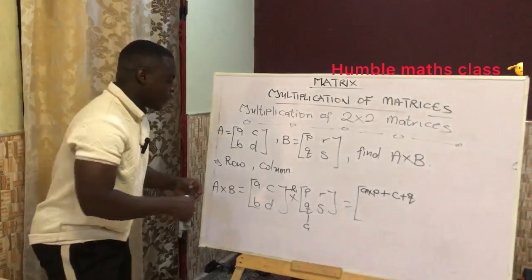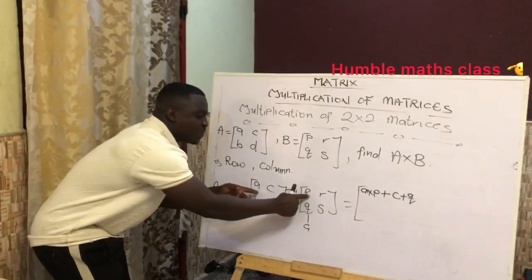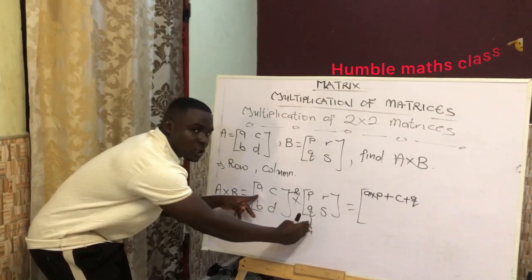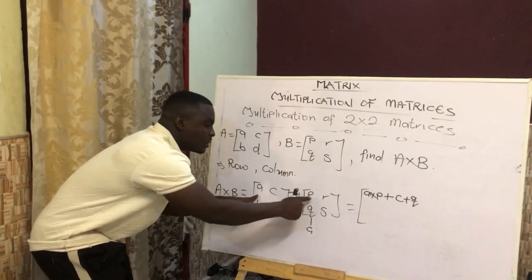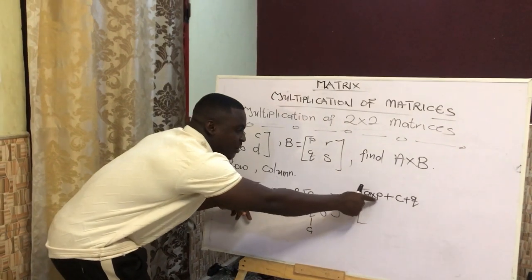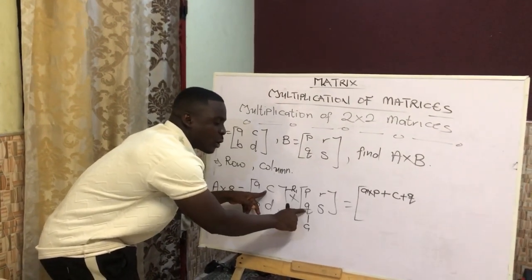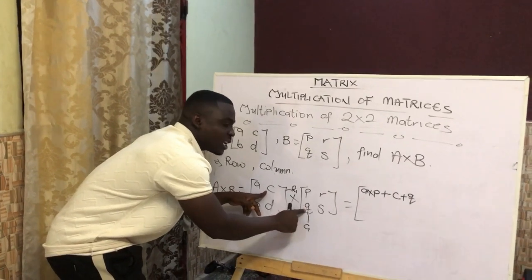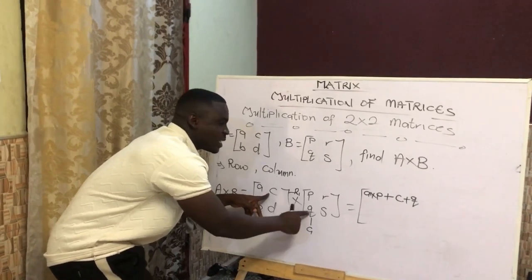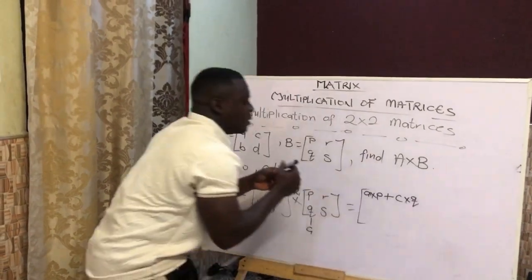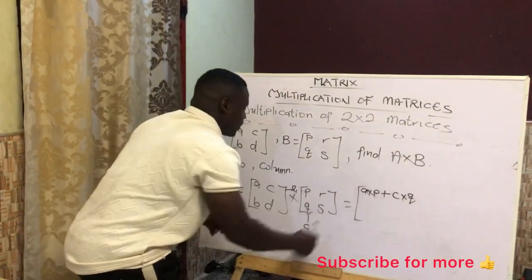I take it again. A multiplies P. So the first row in A is multiplying the first column in B. So A multiplies P, giving us A times P. And plus C multiplies Q, to give you C times Q. All right.